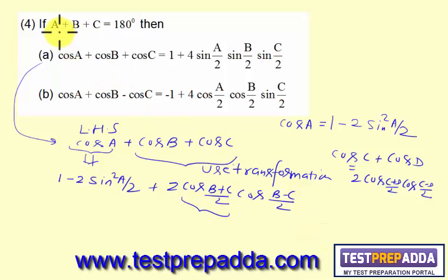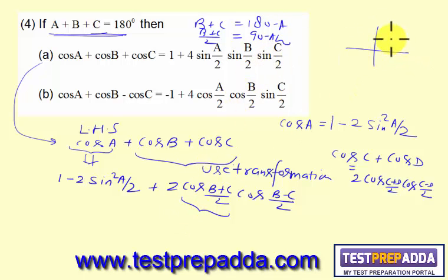Since A plus B plus C is given as 180, B plus C will become 180 minus A. So B plus C by 2 will become what? 90 minus A by 2. So if I take cos 90 minus A by 2, it will fall into the first quadrant where all the trigonometric ratios are positive, so cos will be positive.